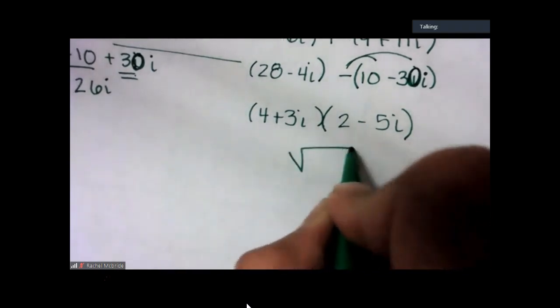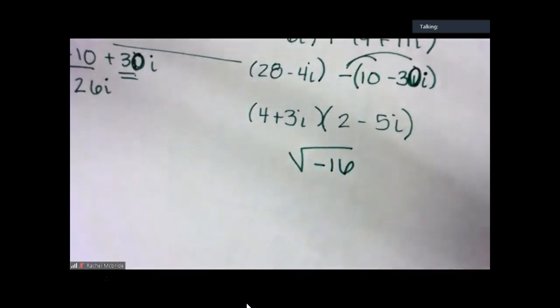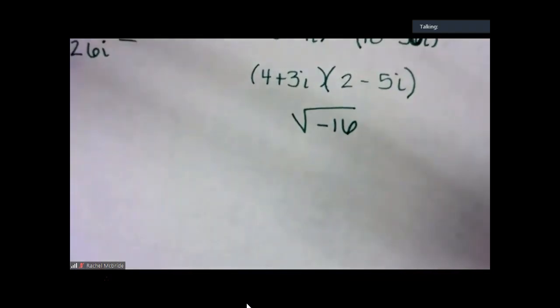Right? So where do we feel the weakest? Square roots or multiplying? Okay. So let's do square root of negative 16.